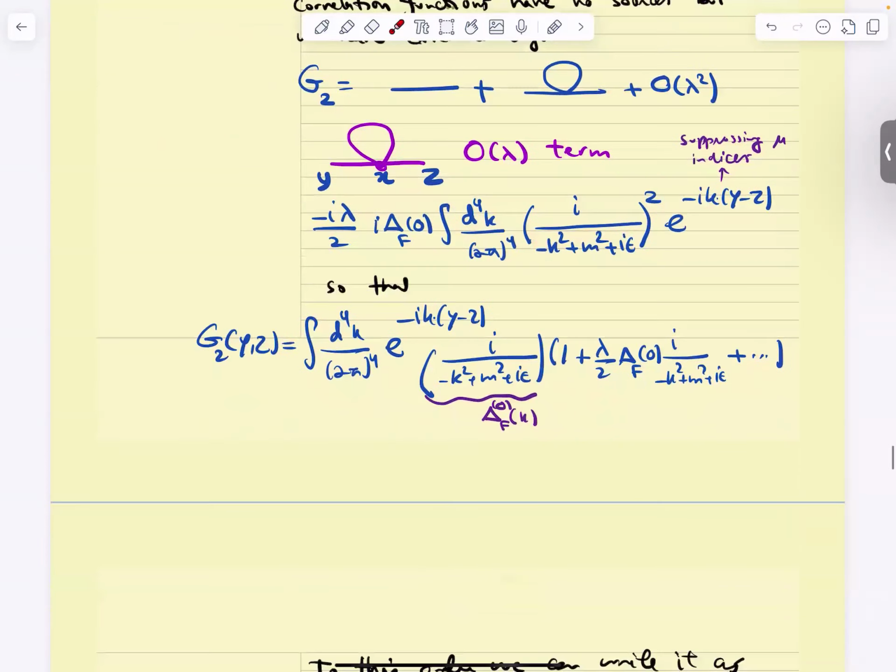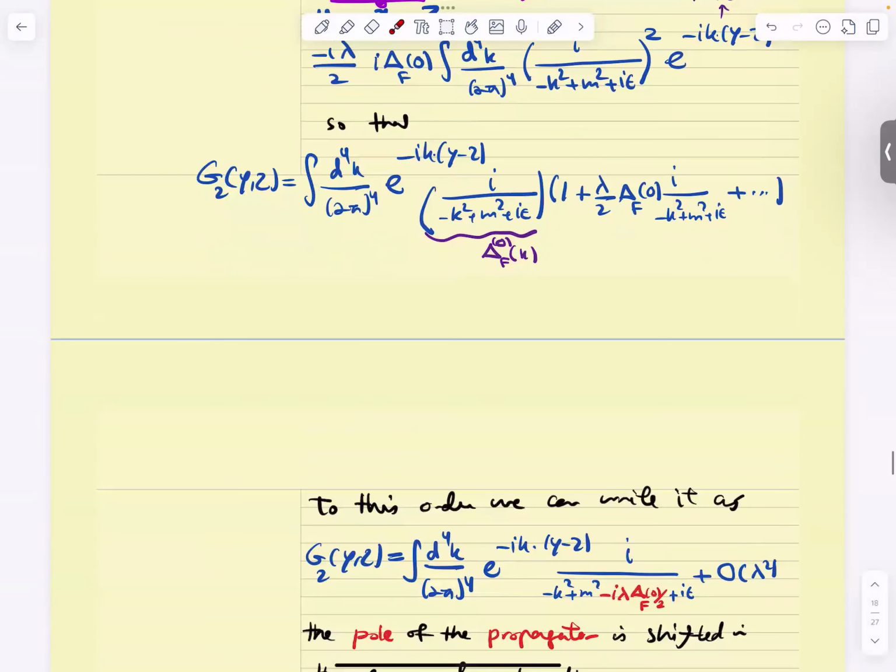So if you Fourier transform everything, you learn that the propagator in the interacting theory is the propagator of the free theory times 1 plus lambda over 2 delta f of 0, this piece.